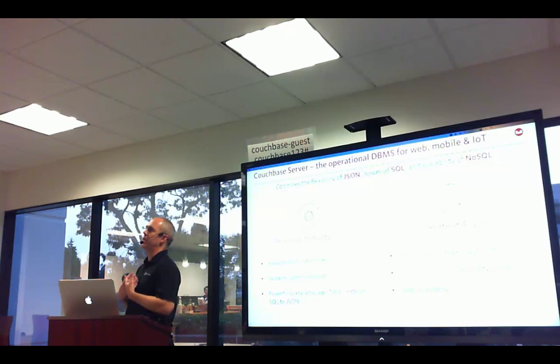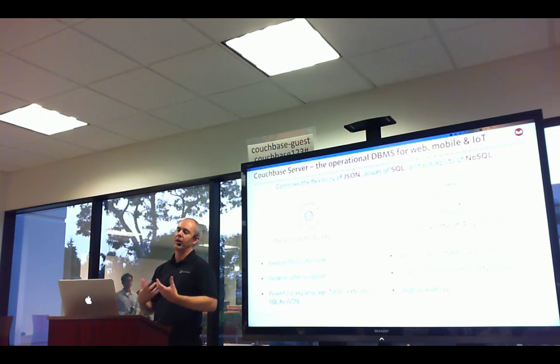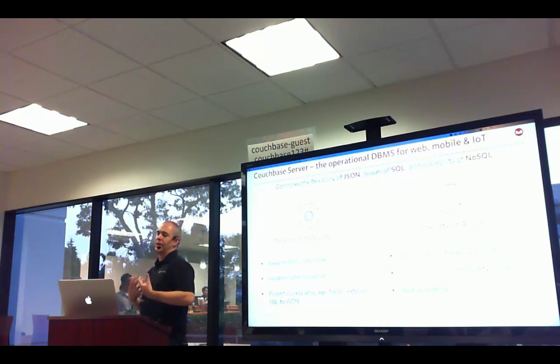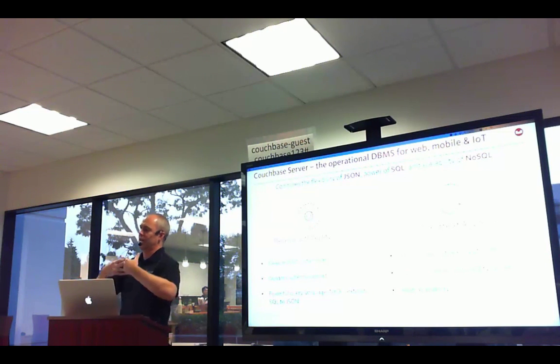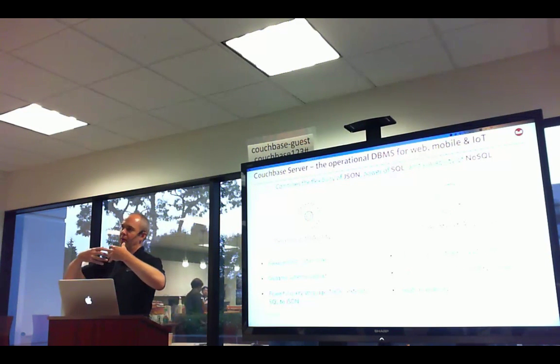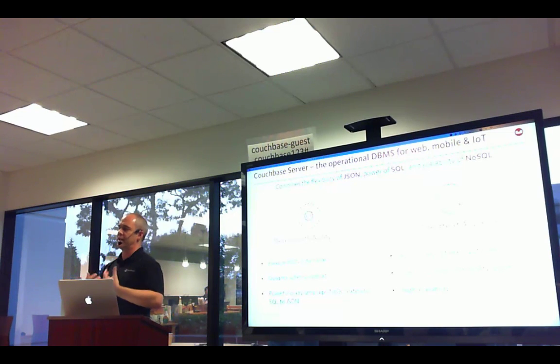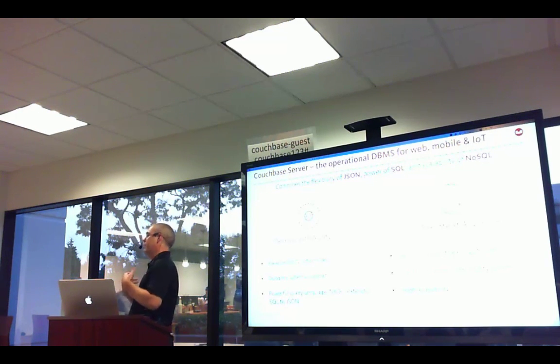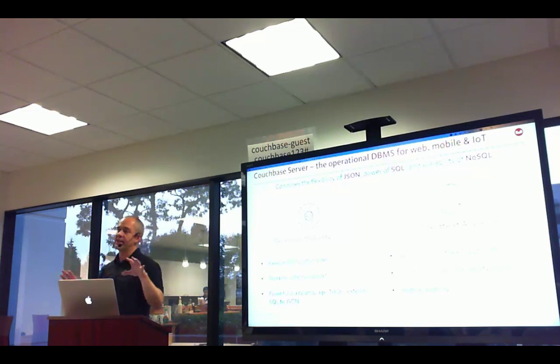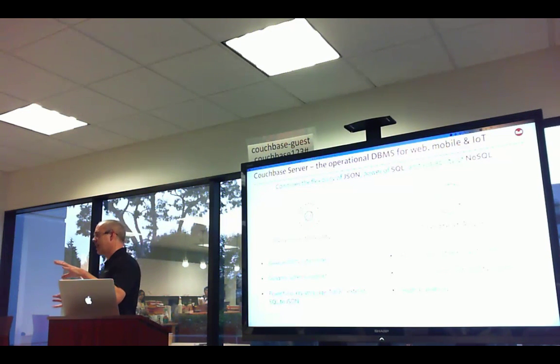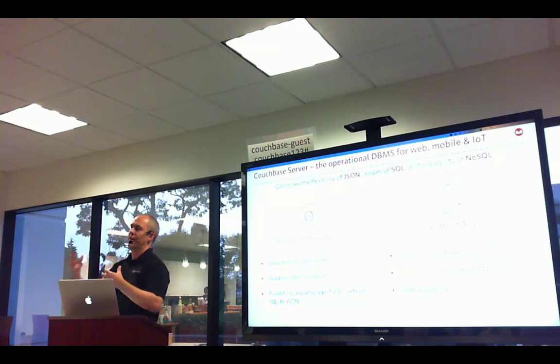And what we do, yes, we're a NoSQL company, but we have SQL. We combine the flexibility of a flexible JSON data model with the expressive power of SQL, the fact that most people understand SQL. So you can write declarative queries instead of saying how I want to get my information out.